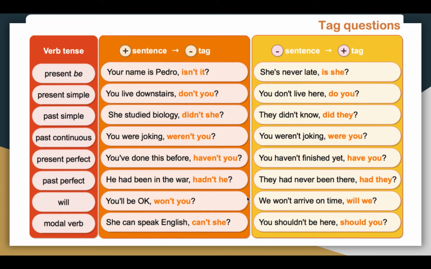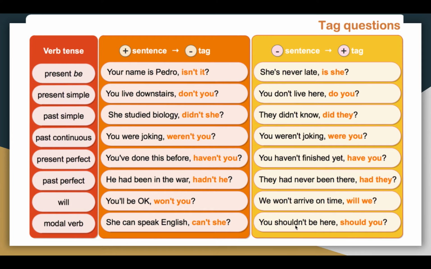But if you're going to use it in a negative tag question, you don't say "will we not" or "will not you". It's always a shortened version. Don't forget that. The negative tag question is always contracted. Notice won't, hadn't, haven't, weren't, didn't, don't, isn't, can't.